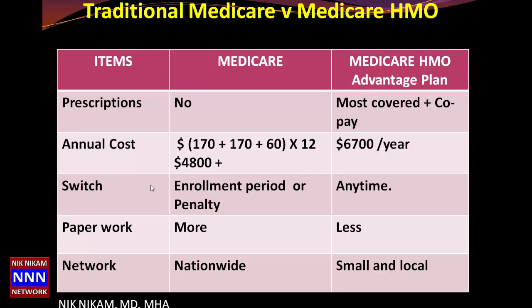And from the same company, you can get a prescription plan, which is a much better prescription plan compared to a Medicare Advantage plan, for about $50 to $60. When you add up all these total costs and multiply that by 12 months, it may come to approximately $4,800 or roughly $5,000.